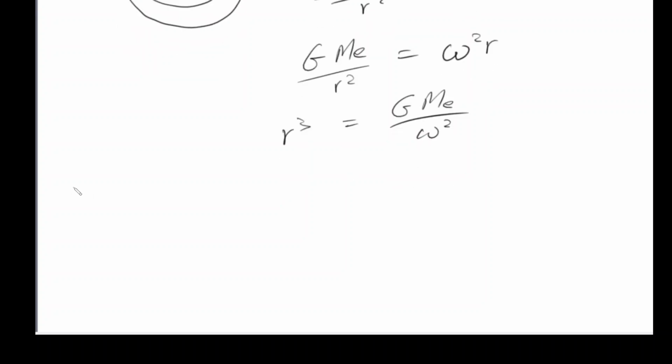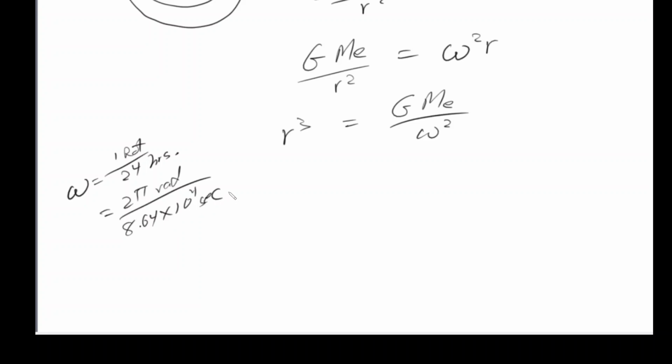Now, angular velocity can be calculated by looking at the fact that the Earth does one rotation in 24 hours, which is equal to 2 pi radians over 24 hours, which is 8.64 times 10 to the fourth seconds.